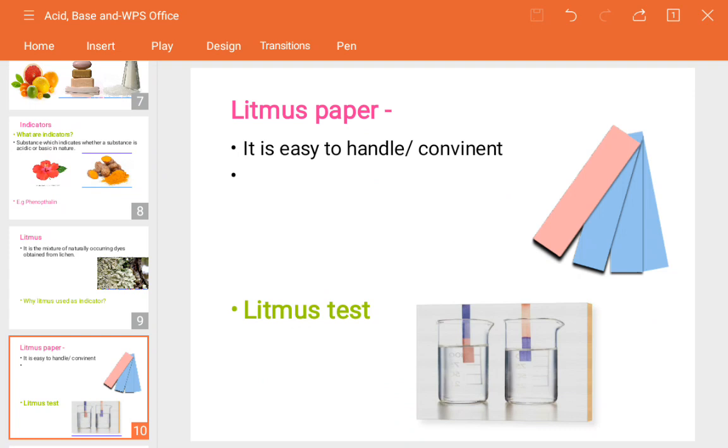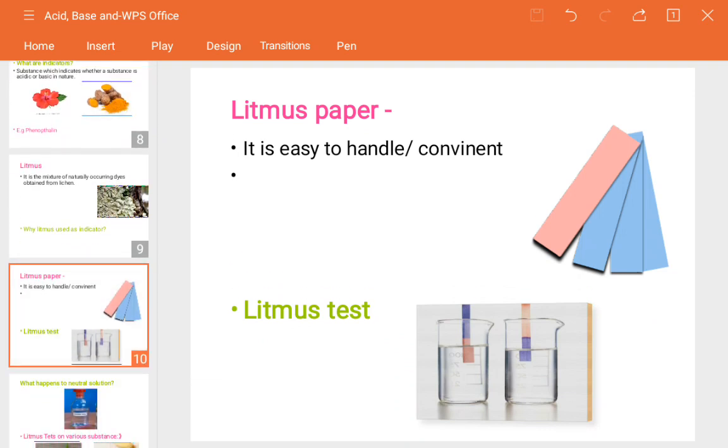Even if you dip a red litmus paper into an acidic solution, it will remain as it is, because it changes color to red only. That's why two different colors of strips are made, to identify which one shows a change in color.